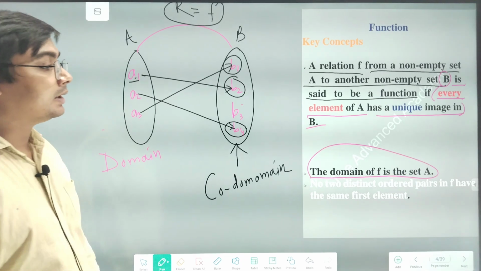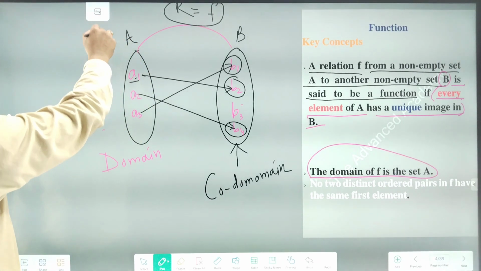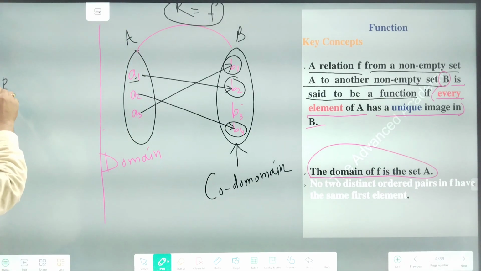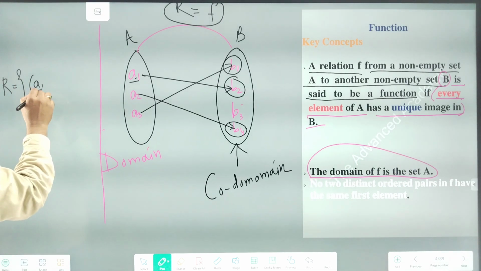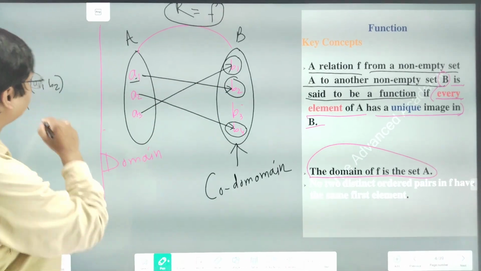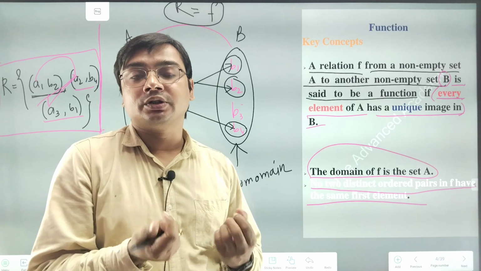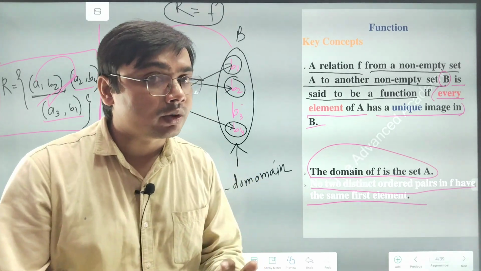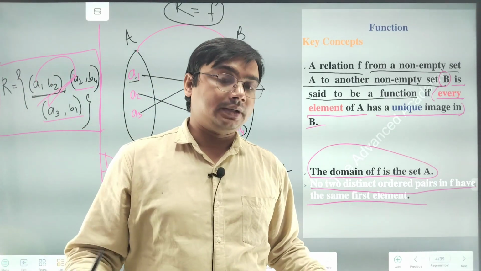Now see, in a function or relation, any relation can be written in roster form. If a1 is related to b2, we will write it like this in roster form. A function is also just a collection of ordered pairs, and in those ordered pairs all the first components will be distinct.